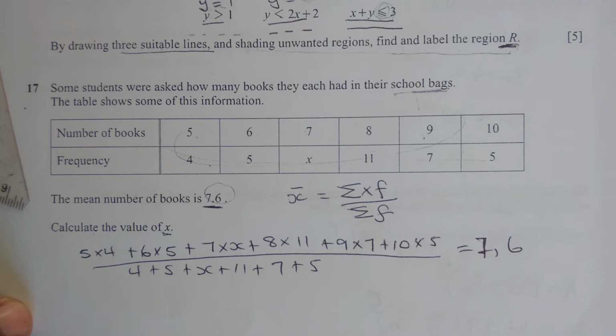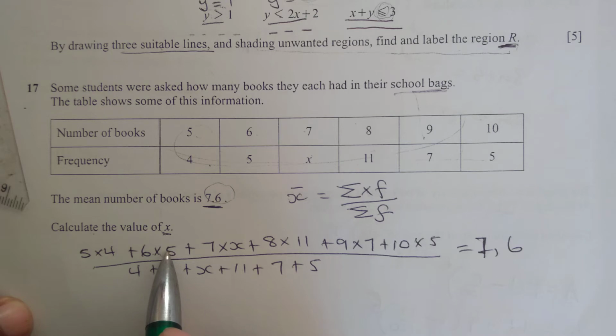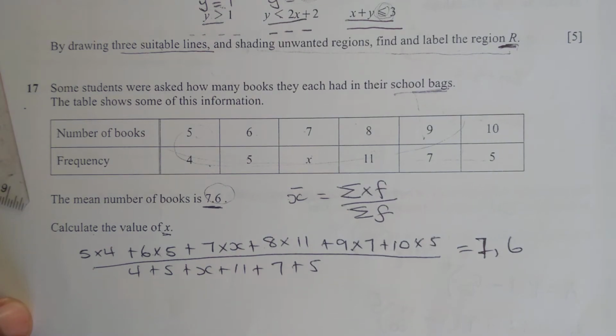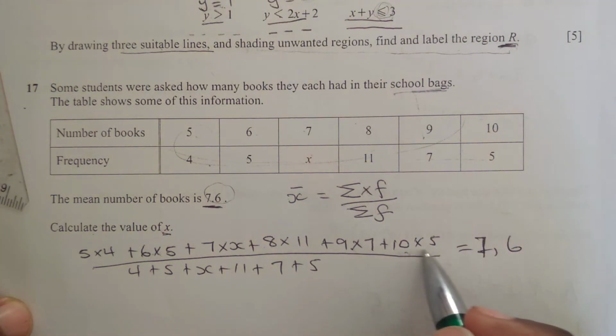If we punch this in our calculator, it will give us 20, 30, this is 50. 50 plus 88 plus 63 plus 50.